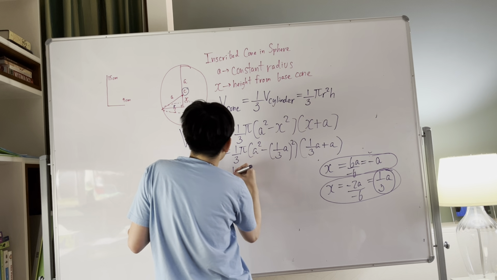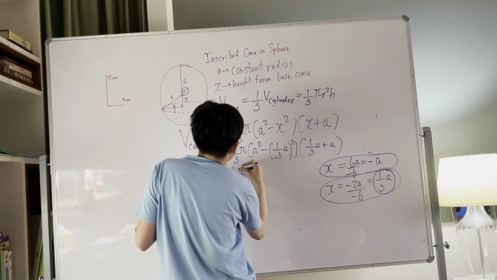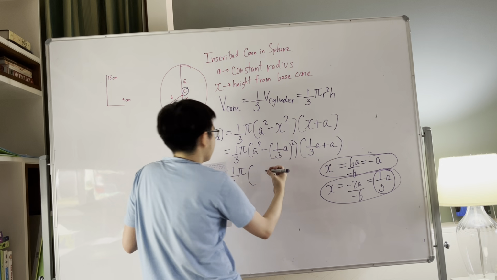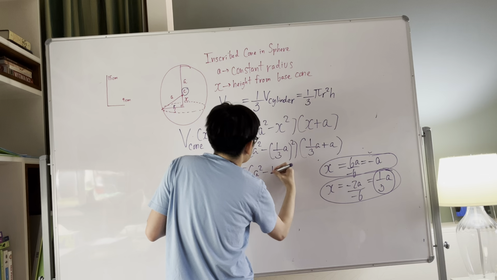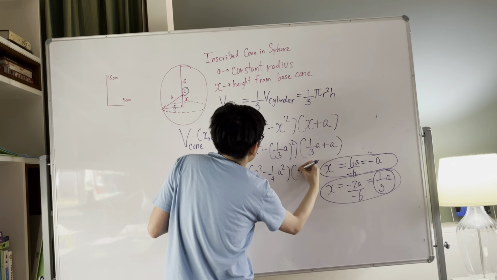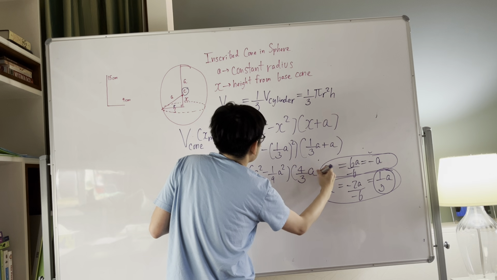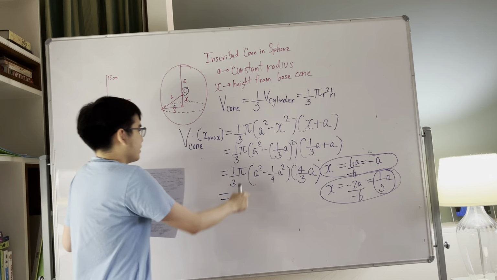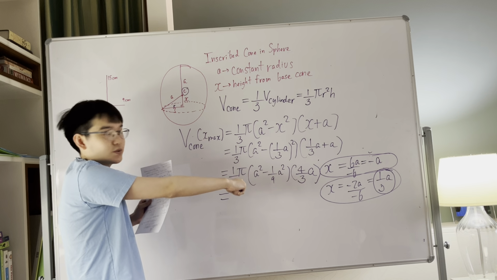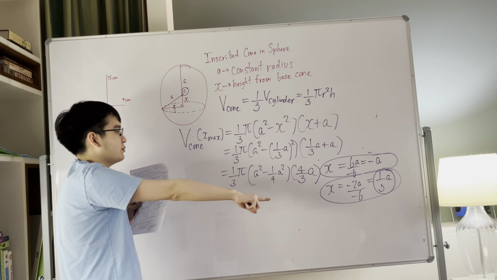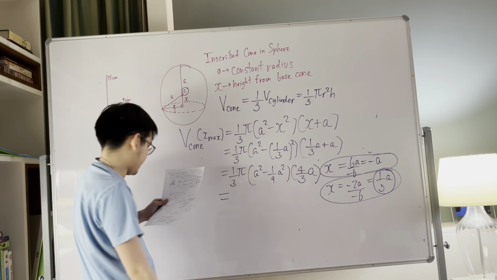And then this just equals 1/3 pi times a squared minus 1/9 a squared, times 4/3 a. A squared becomes 9a squared over 9, so that's 9a squared minus 1a squared at the top. That becomes 8a squared over 9.